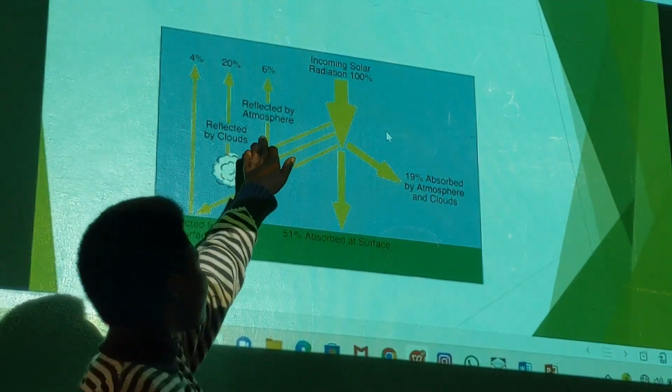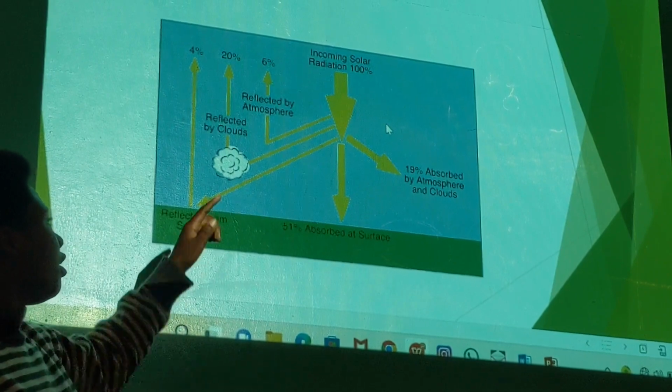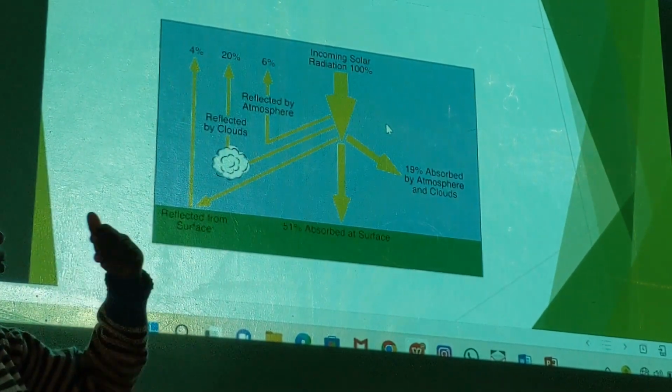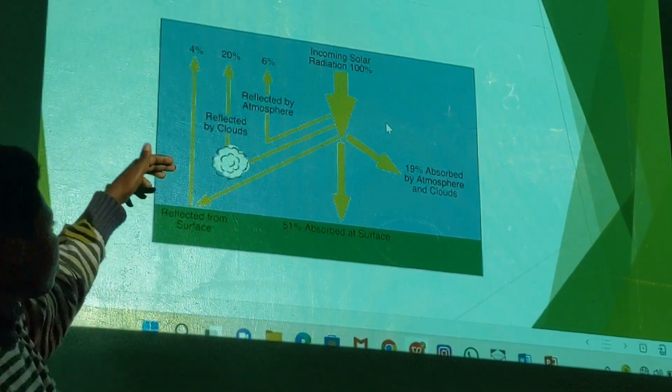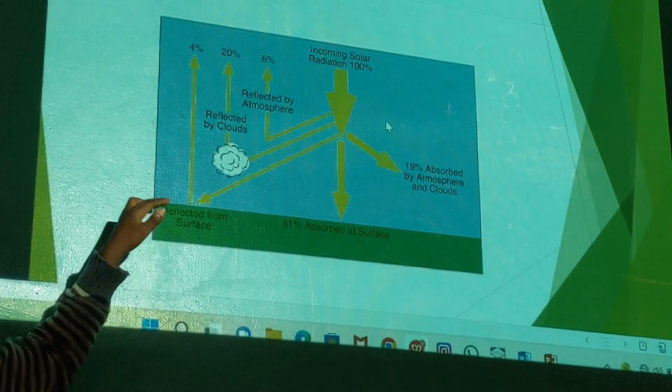Here we have 6% reflected from the atmosphere, 20% reflected by clouds, and 4% reflected from the surface.